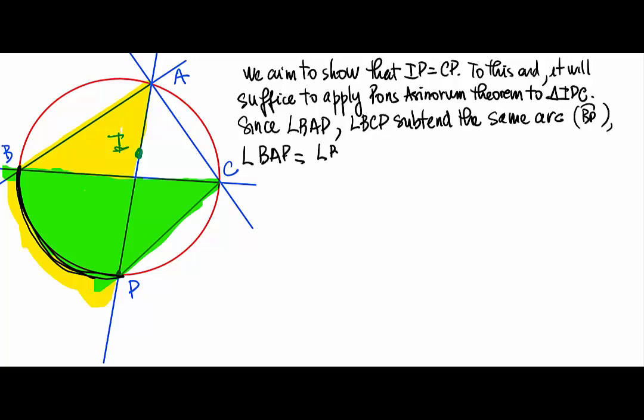They're not the same angle, they're just equal in measure. In fact, we can say much more than that. We can say that angle BAP is equal to angle BCP and is equal to half of the measure of arc BP.